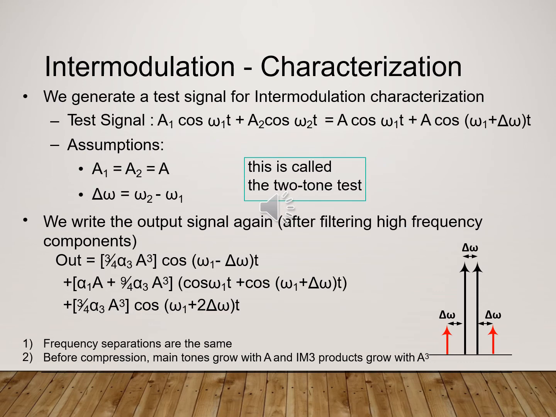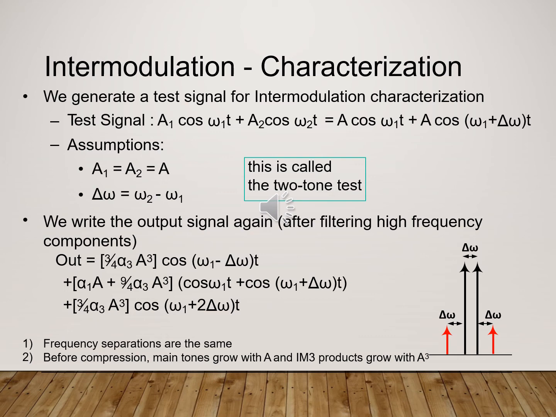Intermodulation characterization. We generate, as in the previous slide, a test signal. For intermodulation characterization, we use the two-tone test as an input: A1 cosine w1 t plus A2 cosine w2 t. Let us consider, without loss of generality, that A1 equals A2 equals A, and delta w equals w2 minus w1.